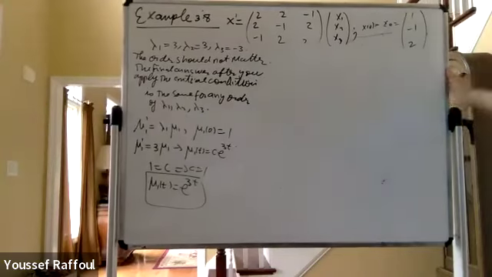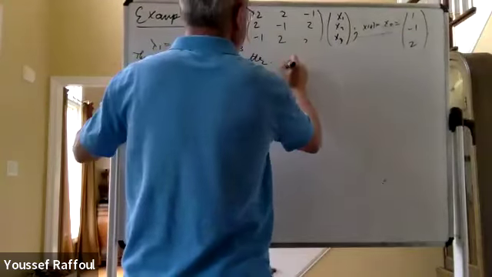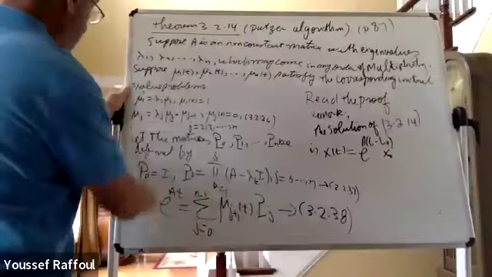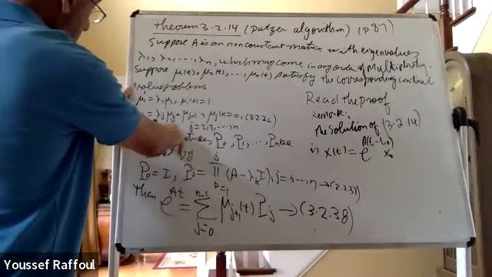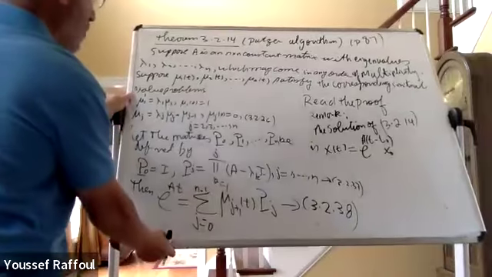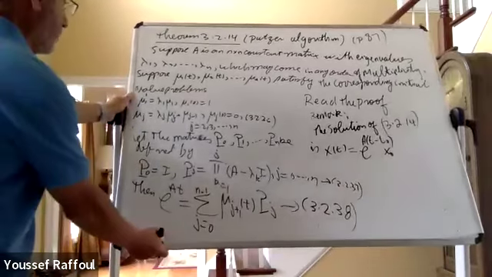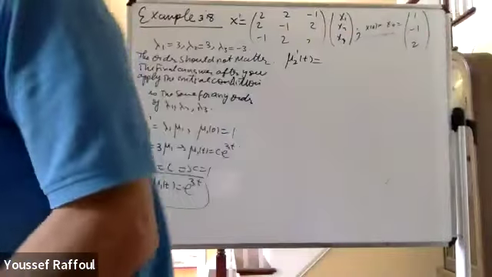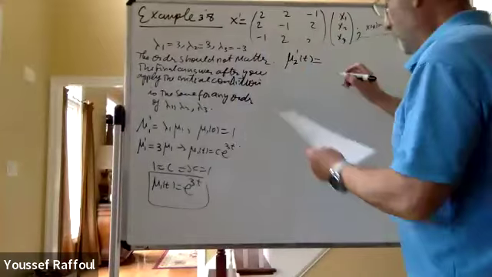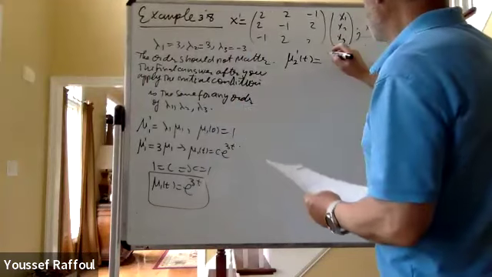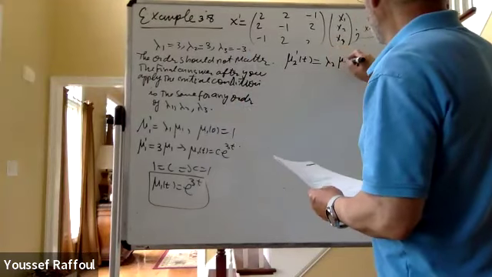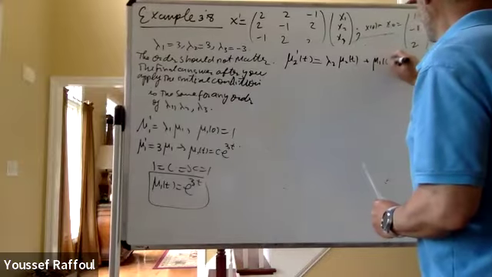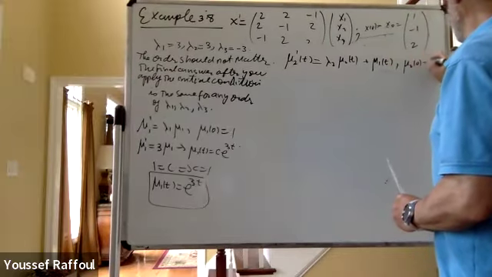All right. So, what do we have? Mu2 prime of t equal to lambda 2 mu2 plus mu1 of t, mu2 of 0 equals 0.